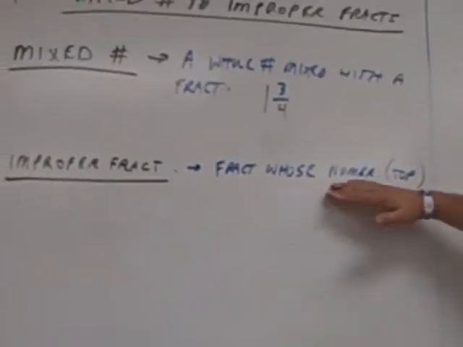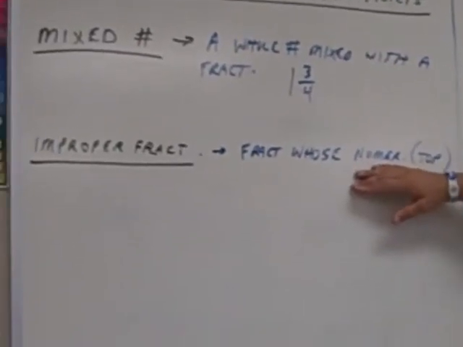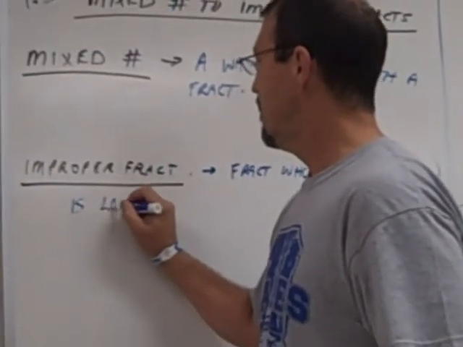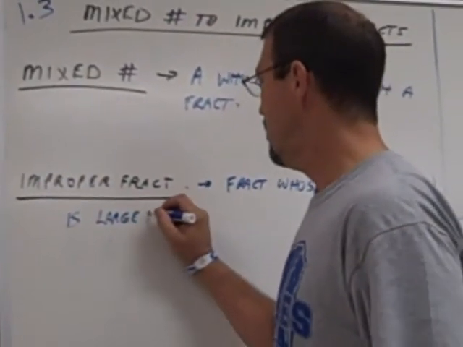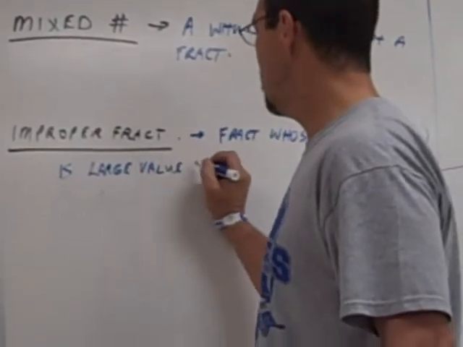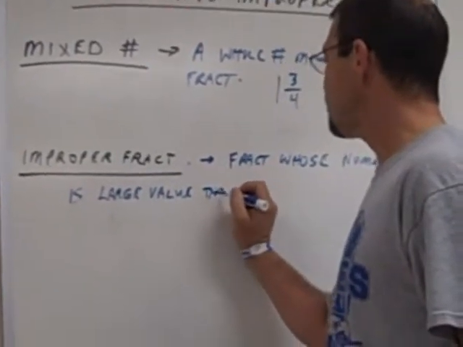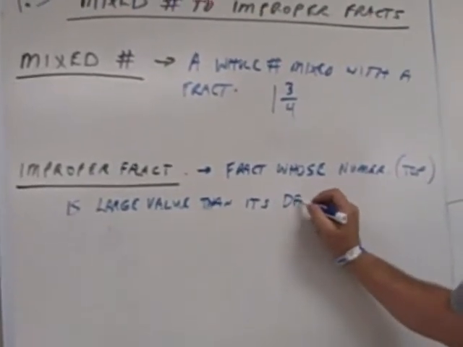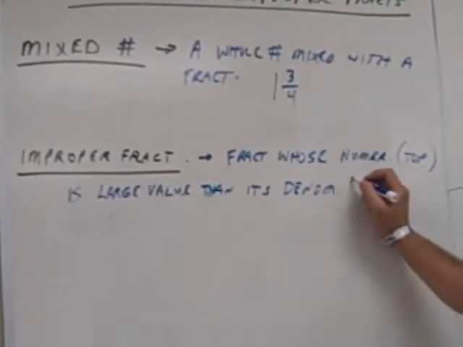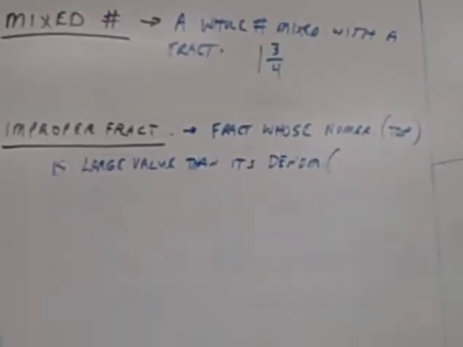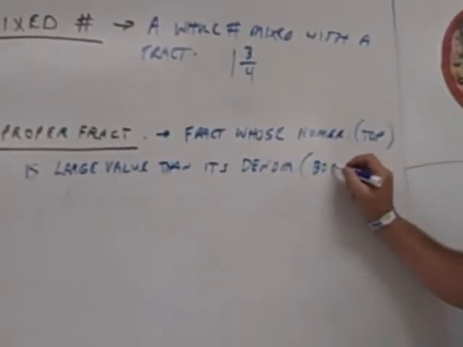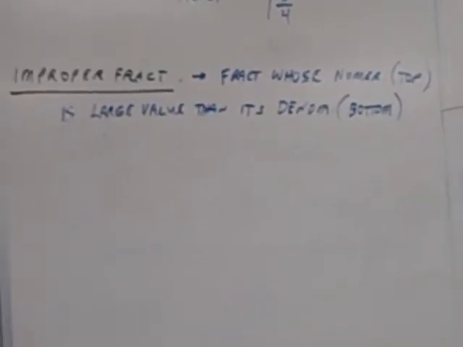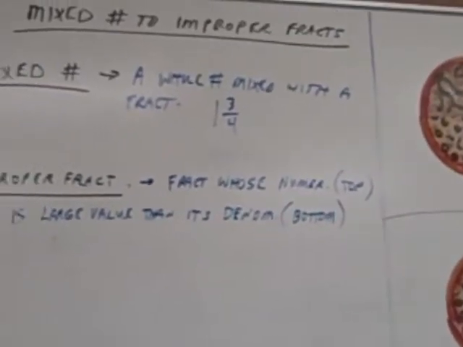Fractions whose numer, that means numerator, top, is larger value than its denom, and that's the abbreviation for denominator, which sometimes is called its bottom.